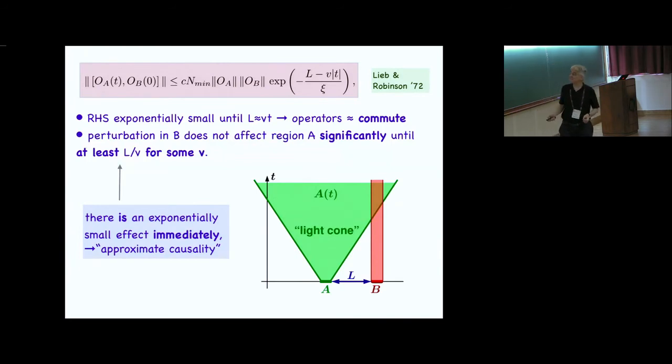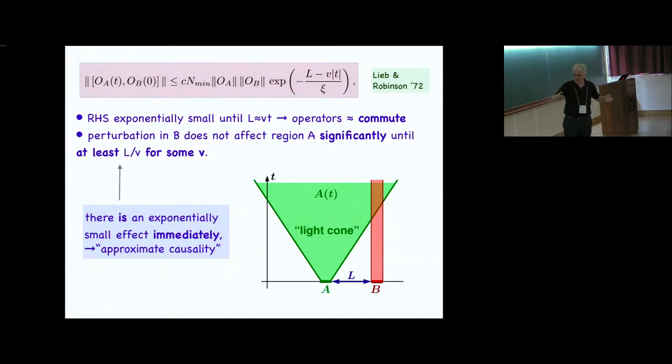Okay, and what does that tell you? It tells you that if I make a perturbation in region B, it takes quite some time before it affects the spatial region A significantly. This is this operator OA of t, and it starts growing as a function of time.